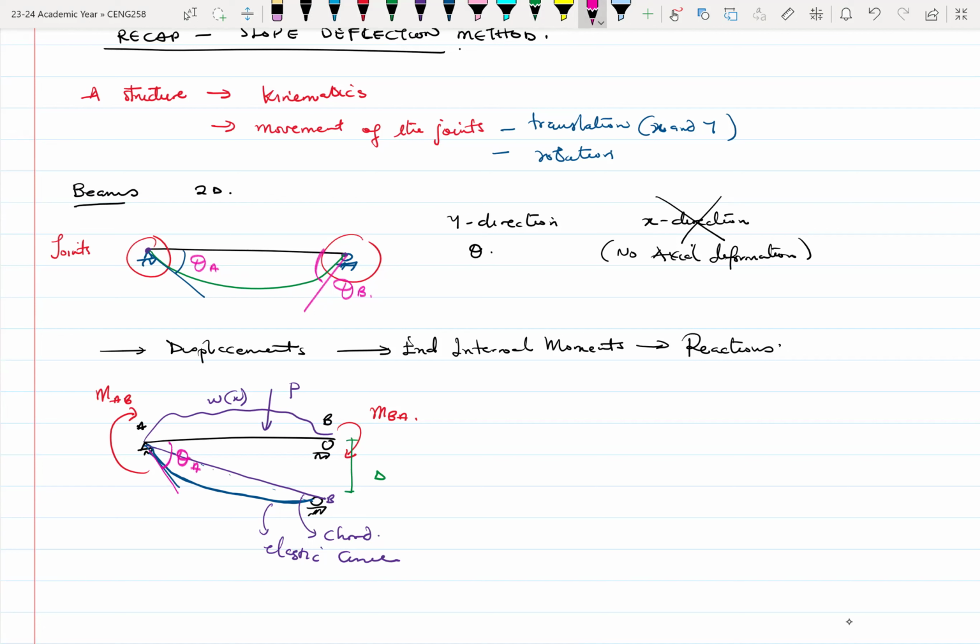All right. So here the unknowns are theta A, theta B, and delta.